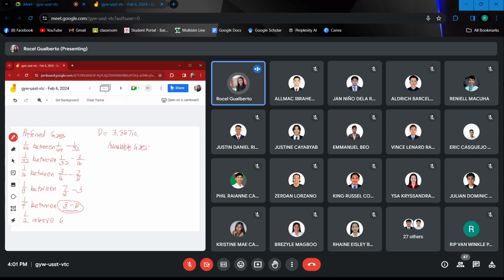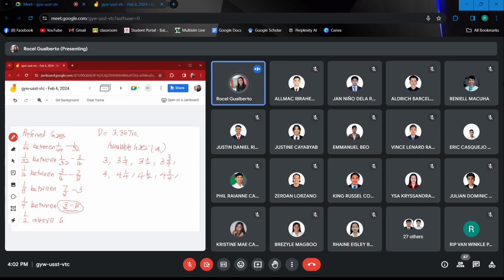So, you will start with size 3. All these are in inches, okay. So, you start with 3 inches. Next, an interval of 1/4. So, 3, 3 and 1/4, 3 and 1/2, 3 and 3/4. Next is 4, 4 and 1/4, 4 and 1/2, and 4 and 3/4.